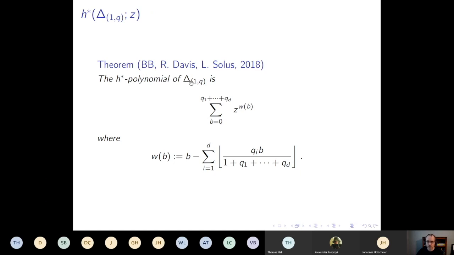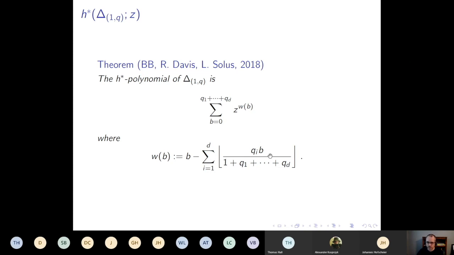The H star polynomial is given by the sum from b equals 0 to the sum of the weights of z to the w of b, where w is some statistic for each of these parameters b. And what you do is you take b and you subtract off the sum of these floor functions.